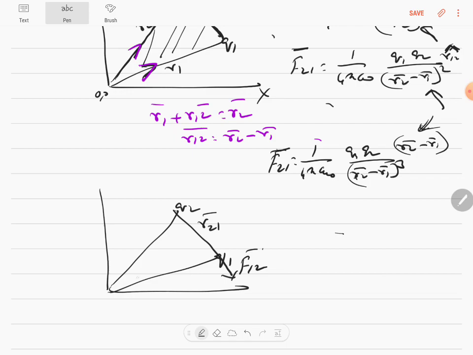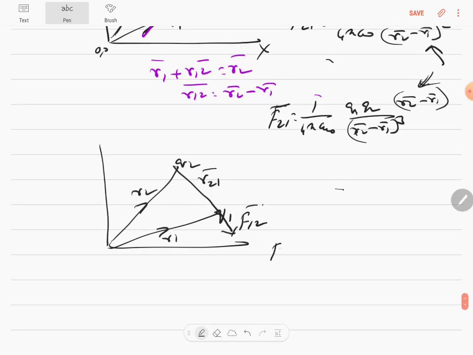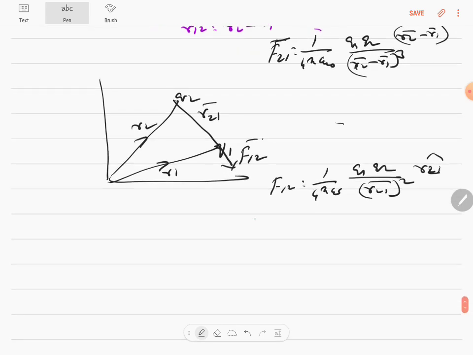This is r1 vector and this is r2 vector, and as usual you can write F12 to be 1 by 4 pi epsilon naught into Q1 Q2 by r21 vector the whole square into r21 cap, or by triangle law, r21 is r1 vector minus r2 vector, so 1 by 4 pi epsilon naught into Q1 Q2 by r1 vector minus r2 vector the whole square into r21 cap.